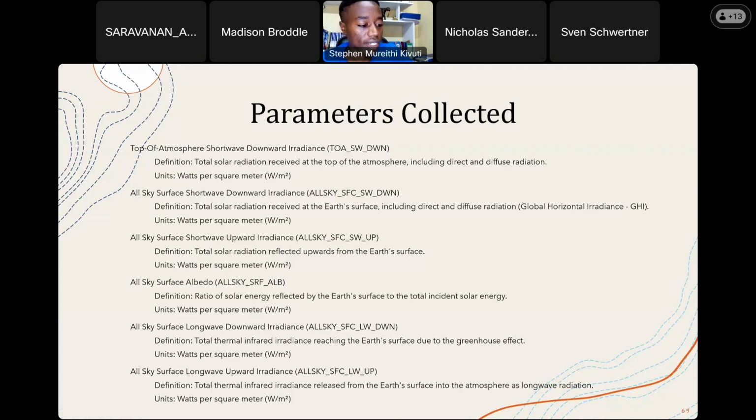A special note: the data ran from 1984 to 2020. That was what we used, and all the values were collected by the POWER Data Access Viewer, apart from the surface longwave upward irradiance and top of atmosphere shortwave downward irradiance. These had to be collected via API because they are not available in the Power Data Access Viewer. So we can move to the next slide.